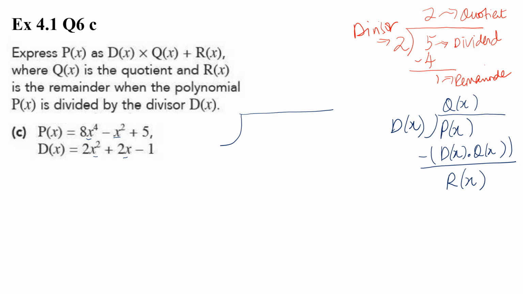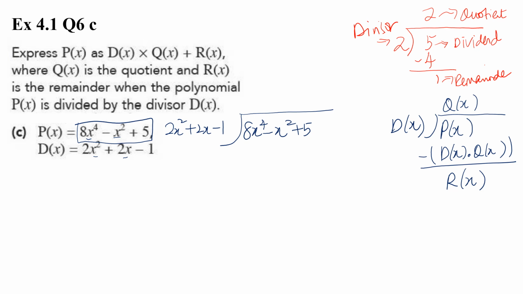Okay, so I'm going to put your dividend inside the division symbol. So the dividend is 8x to the power of 4 minus x squared plus 5. And the divisor, wow, quadratic polynomial.